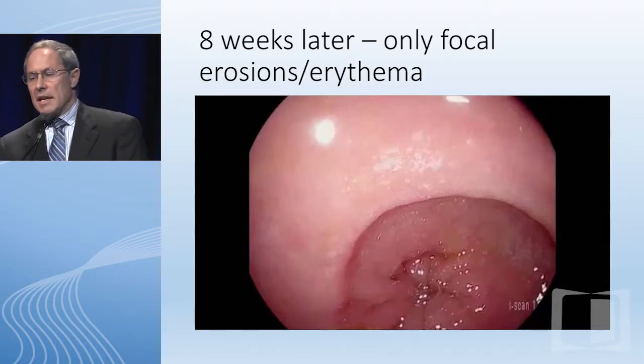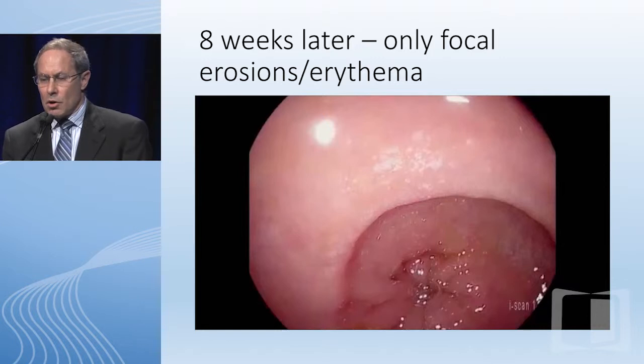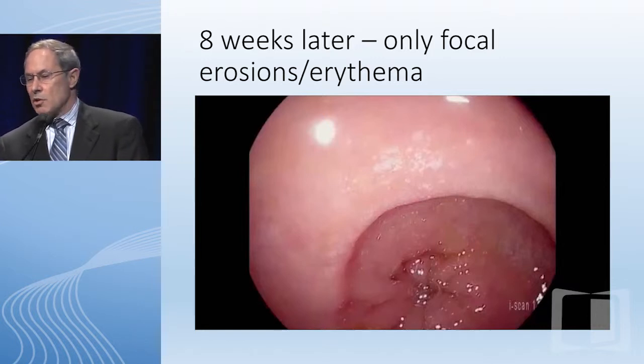And this is an exam that was done 8 weeks later, and there were only focal erosions that remained. Marked improvement in the mucosa, probably 80–90%. Some restoration of the vascular pattern seen down here.